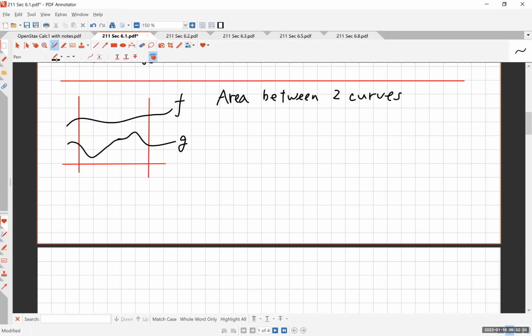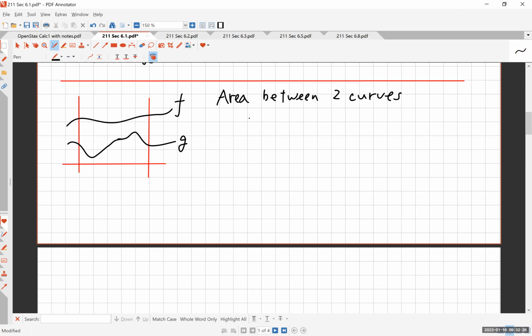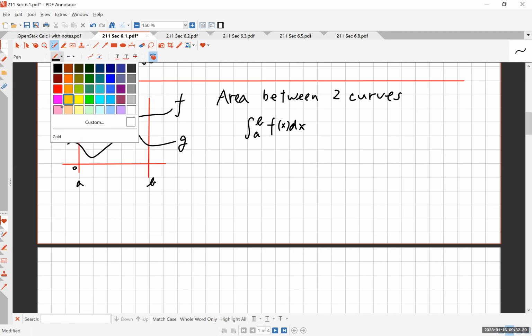So you have this. Let's say we have this integral. If you have an integral, so this is 0, and let's say this is a and b, this integral from a to b of f(x) dx, okay? What is that?